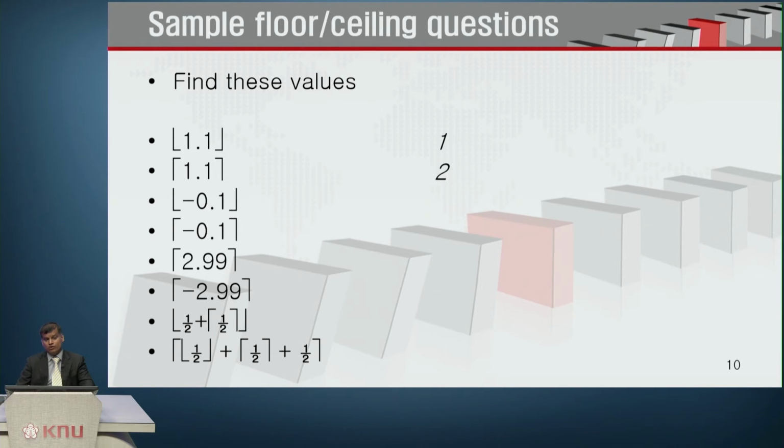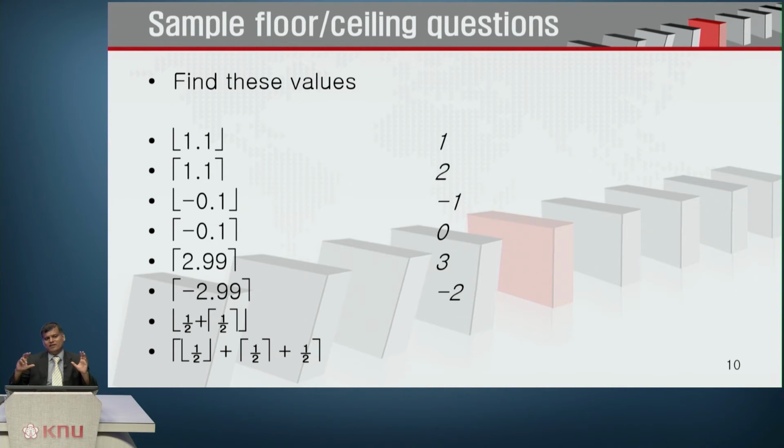And the floor of -0.1 is, right, that's -1. Ceiling of -0.1 is, that's right, that's 0. That's an interesting question, right? Then the ceiling of 2.99 yields 3, and the ceiling of -2.99 yields -2.